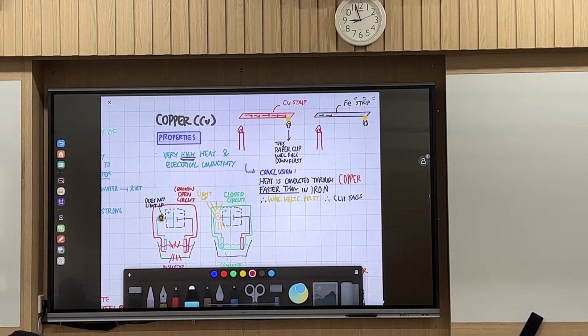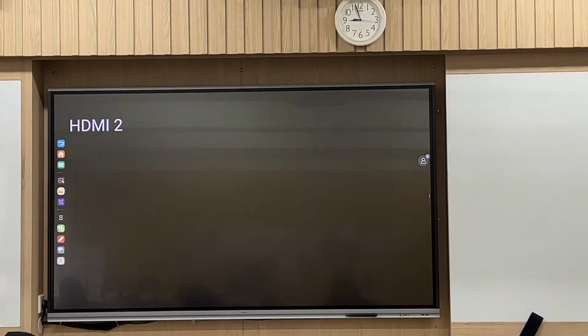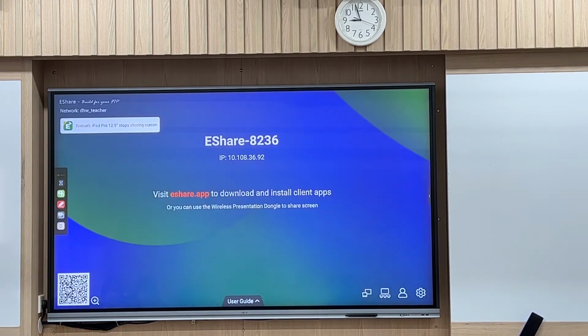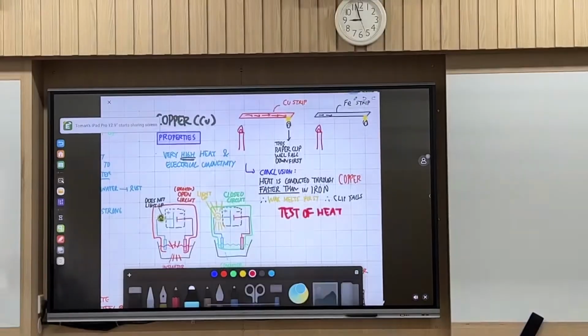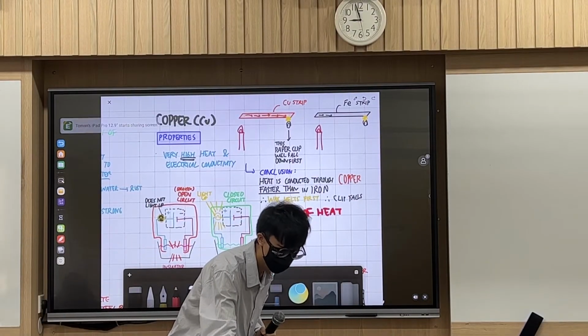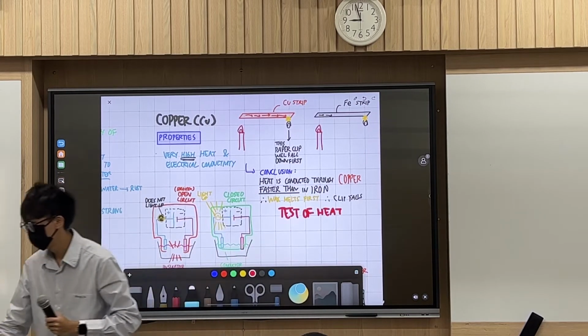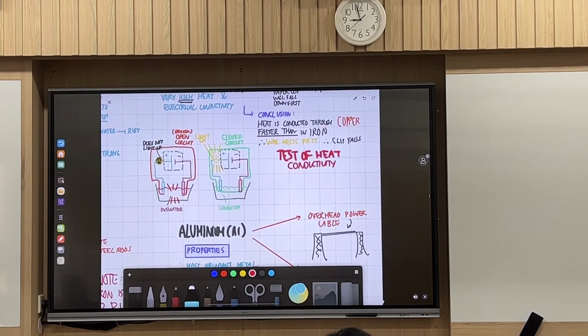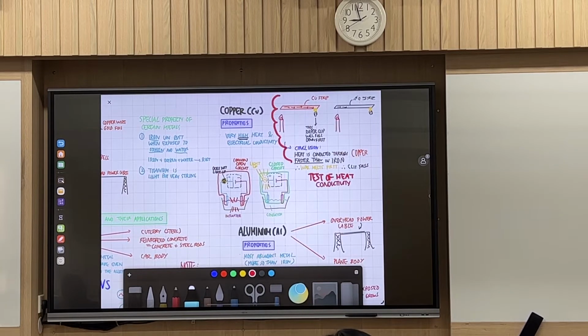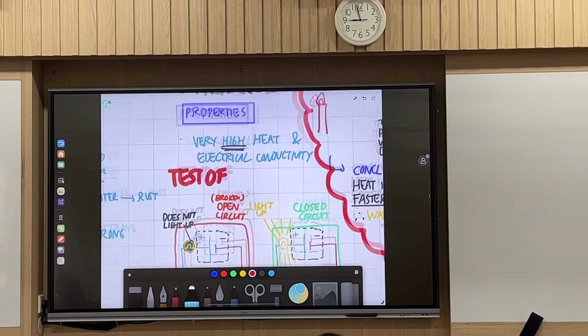This is a test of heat conductivity. And over here on this side, we have a test of electrical conductivity. They're not the same, obviously.